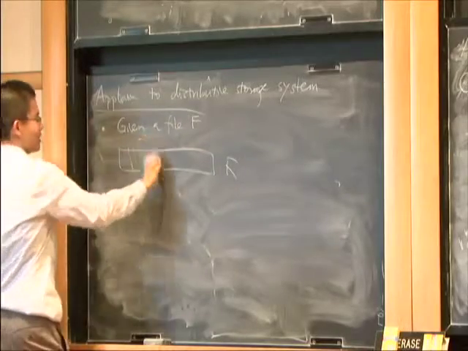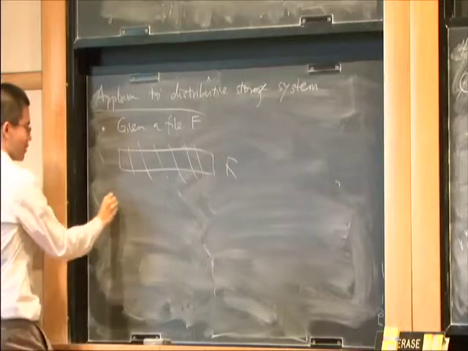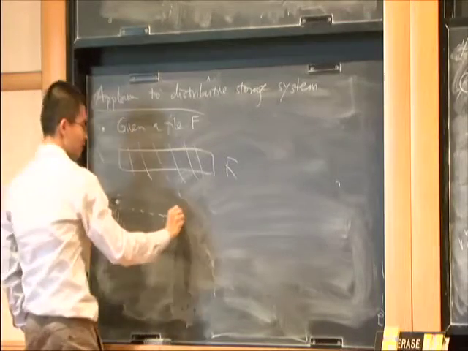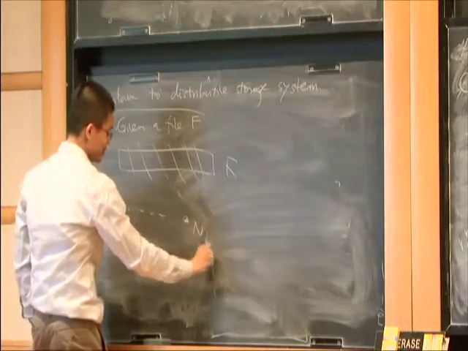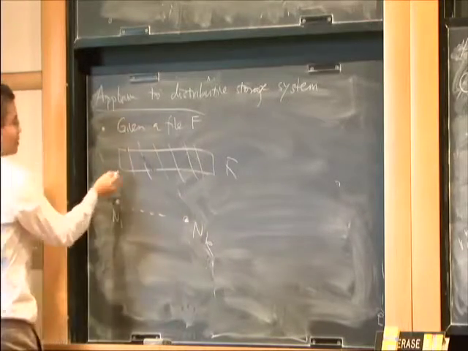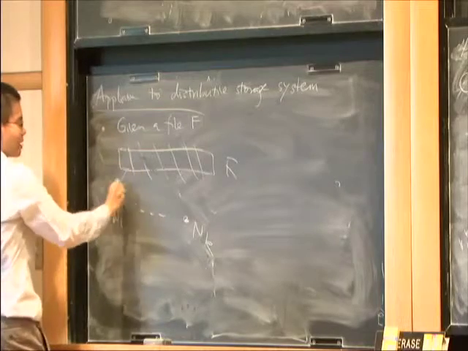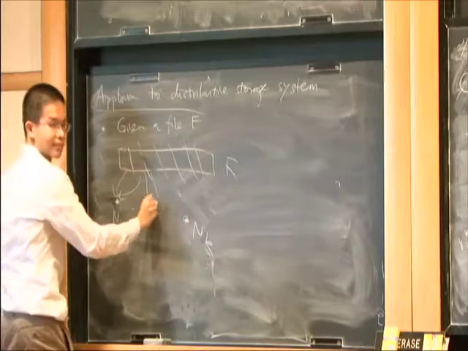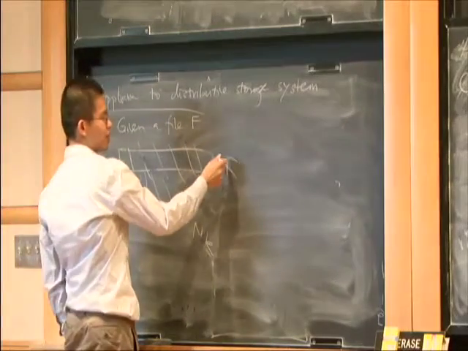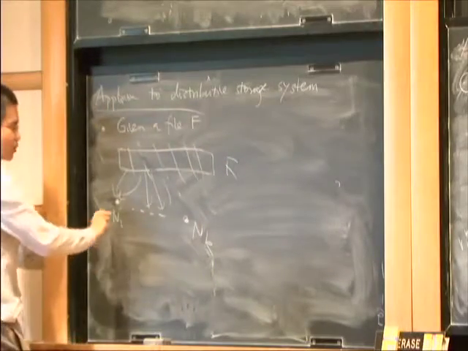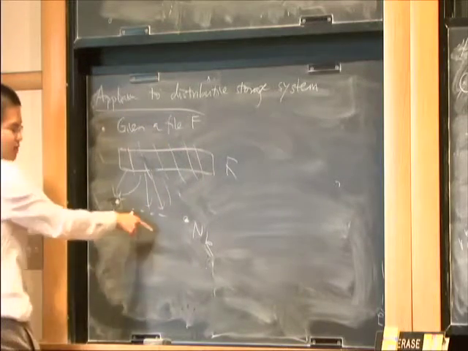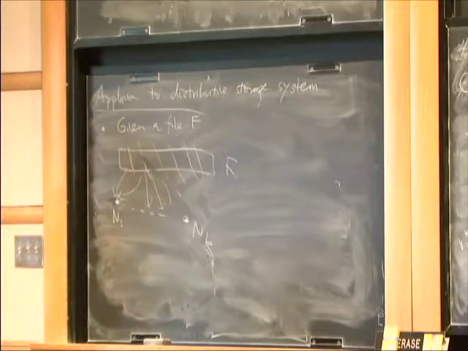We want to cut it into many small pieces, and then we have several nodes, let's say n1 up to nk maybe. Then we want to truncate this file and even make several copies of each part and then put them into the nodes. So we store them in this way such that whenever we need to retrieve the original file f, we only need to read the nodes and then recover the original file from the nodes we access.